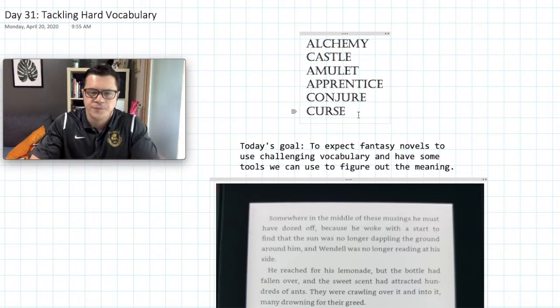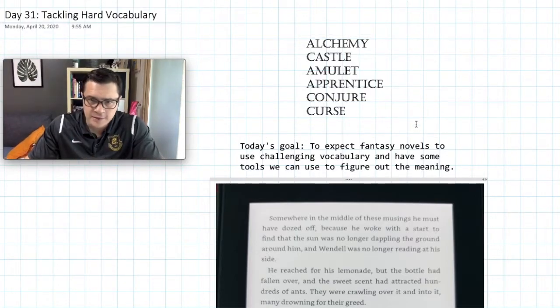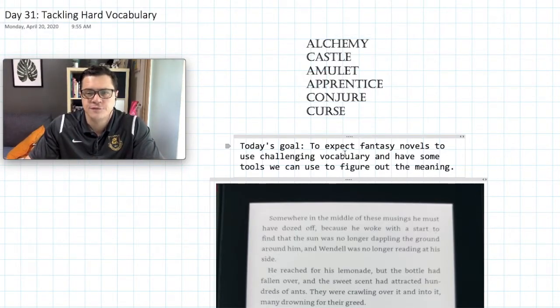Like if you know the Lord of the Rings, the author created 15 new languages just for the characters and species in his book. That makes it a challenge for readers because we're going to face more words that we may not know. So our goal today is to expect fantasy novels to use challenging vocabulary and have some tools we can use to figure out the meaning.